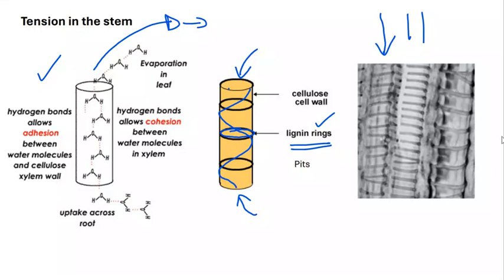This evaporation pulls on the water molecules in the xylem, and those water molecules are bonded to each other by hydrogen bonds, a structure known as cohesion. As we draw the molecules from the top, this pulls on the column beneath and creates the so-called tension, which is known to exist within the xylem vessel.